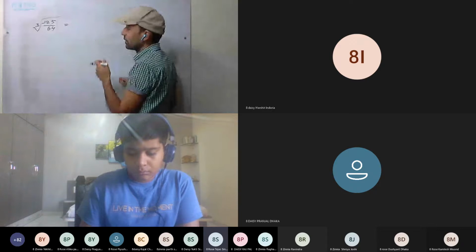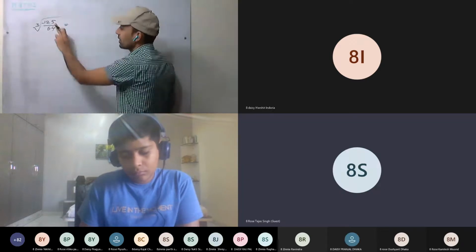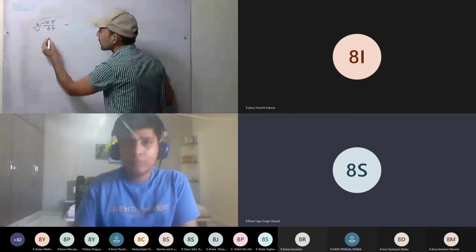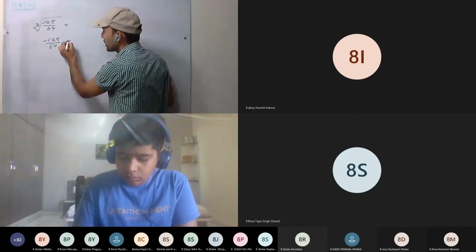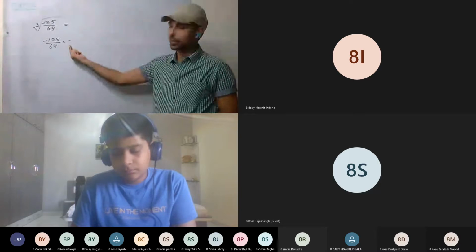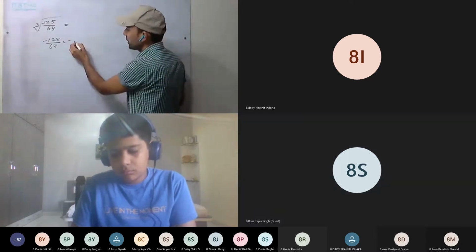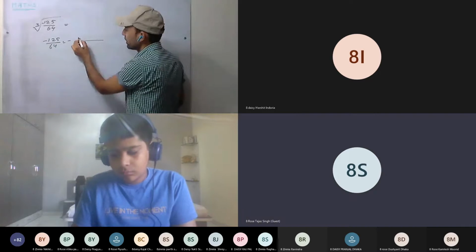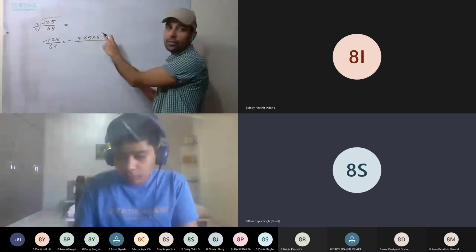How to solve this one? Sir, first we will find the prime factors of minus 125 and 64. Okay. So we can write it like this, 125 upon 64, minus we can put outside. Yes, sir. So the cube root of minus is minus. Factors of 125 will be minus 5 into 5 into 5, or we can write minus 5 into minus 5 into minus 5.